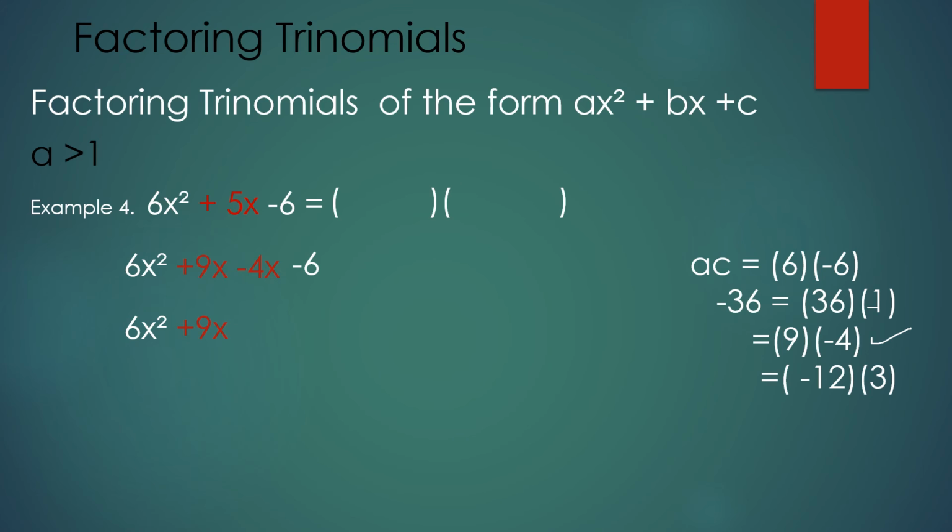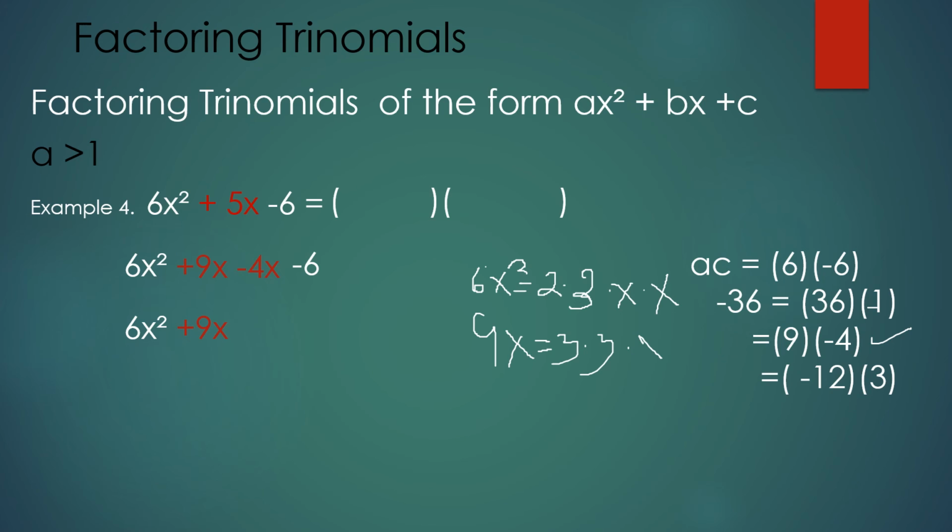So we're going to factor this one. So we have 6x squared is equal to 2 times 3, right? That's the prime factor. Then times 3 times x times x. And then for 9x, we have 3 times 3 times x.